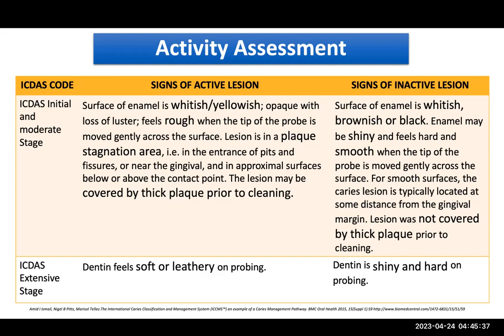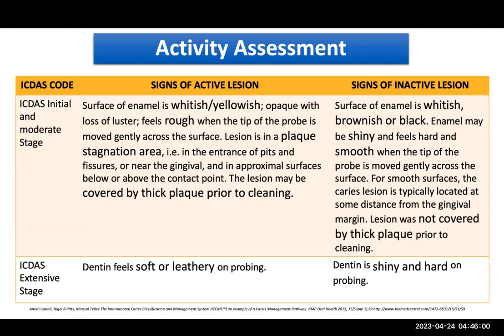Try to see what the boundary of the lesion is. If the surface of the enamel is whitish or yellowish or opaque with loss of luster, it feels rough when the tip of the probe is moved gently across the surface, or the lesion is in a plaque stagnation area, then it means it is an active lesion.